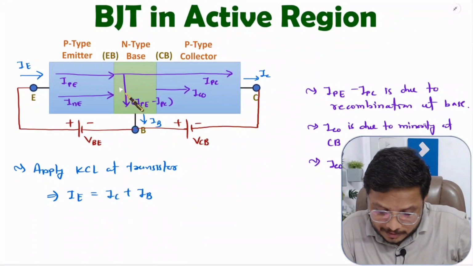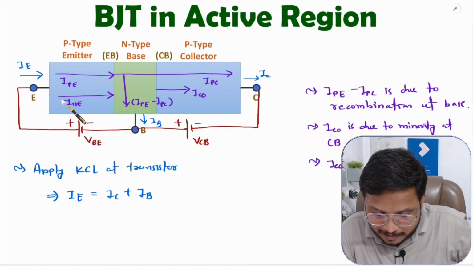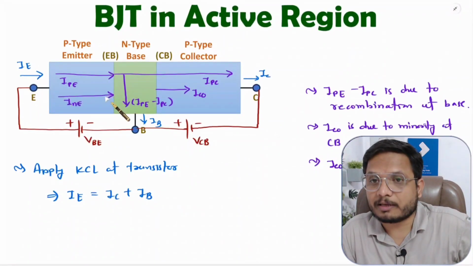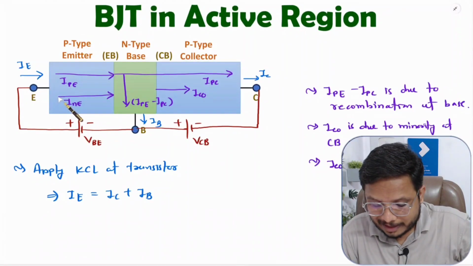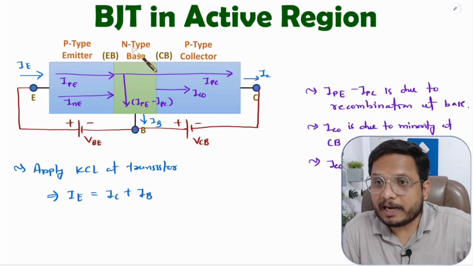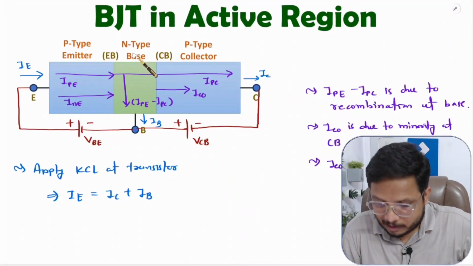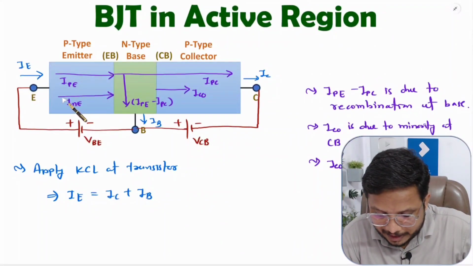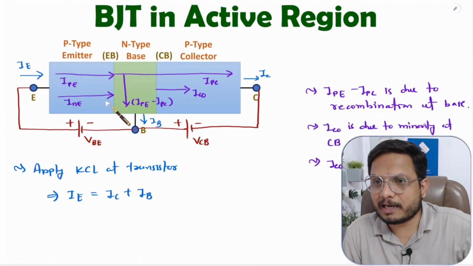And here, as this emitter base junction is in forward bias, emitter current will also flow due to electrons in this direction, right? That will be happening due to the majority carriers of the base, which are electrons. So the majority carriers of the base will be flowing in this direction. Because of that, INE will flow in this direction.